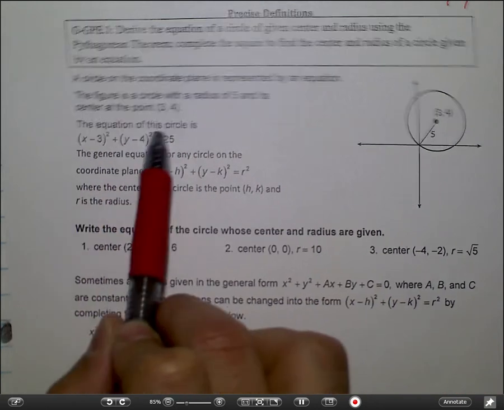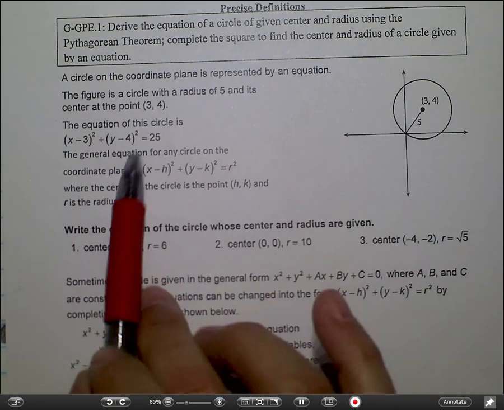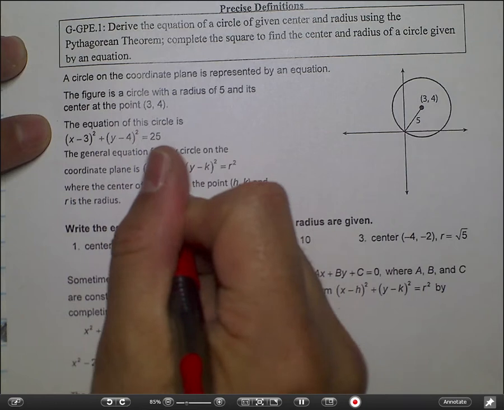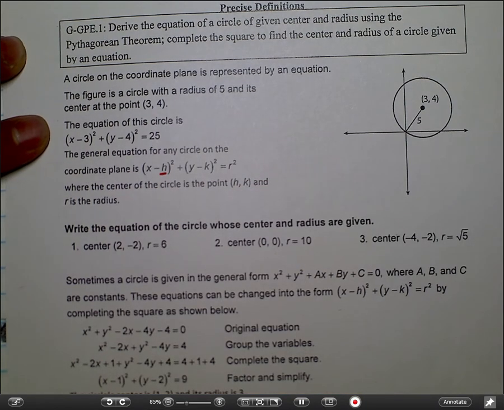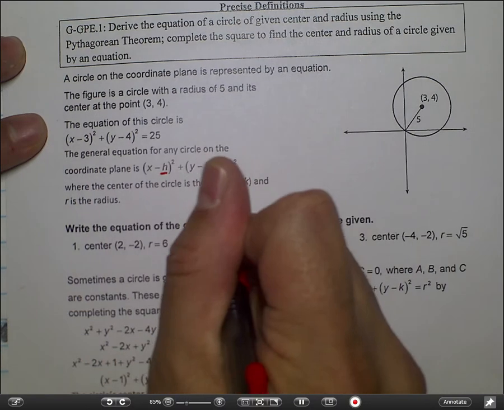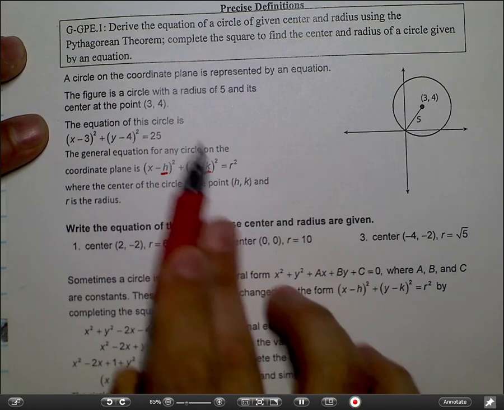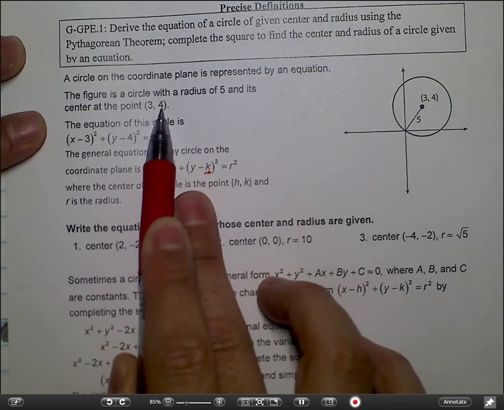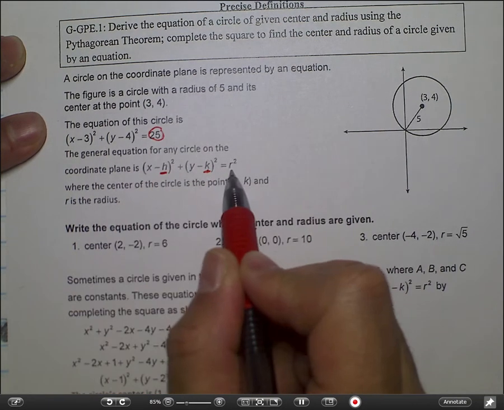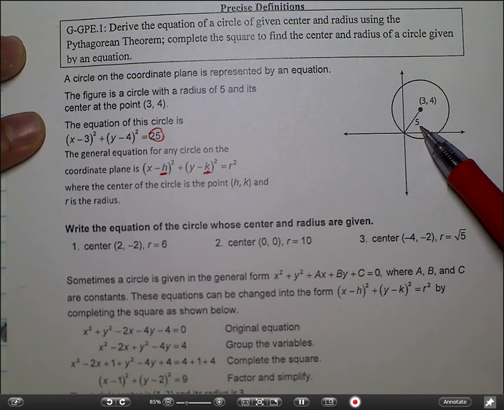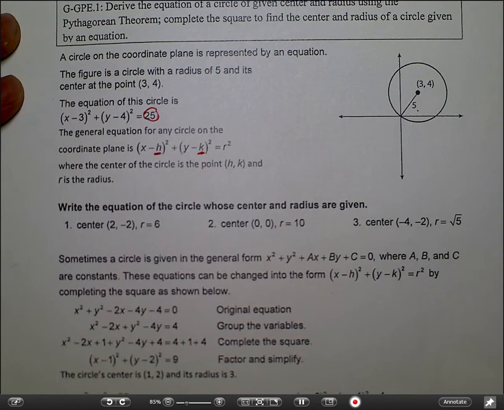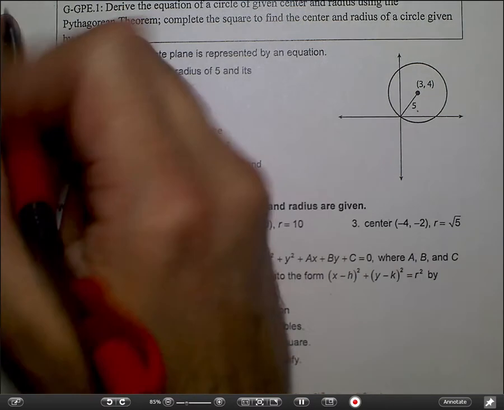For this equation, h is my x value, k is my y value, and the number out here is your radius squared, because 5 is the radius. I'm going to show you how this works out in the calculator.